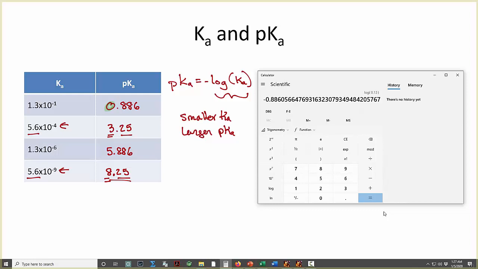And then you'll notice this is 0.886 for 1.3, and this is for 1.3 times 10 to the minus 6. There's a 0.886 down here too. So this part of the number on this side represents the actual number. It's the digits in the number. And this side represents the power of 10.